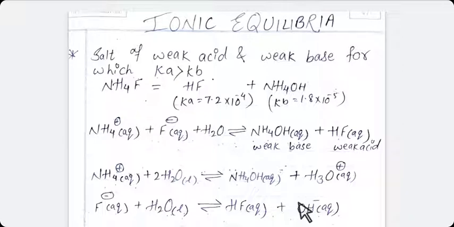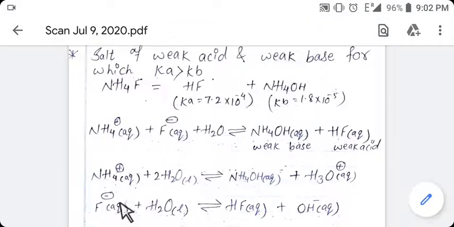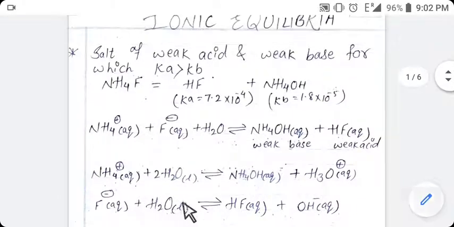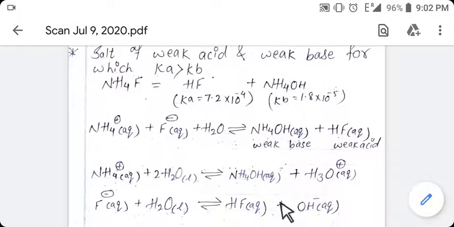So in the hydrolysis of the salt, we have seen NH4+ and F- with water give NH4OH plus HF. These two ions, NH4+ and F-, react with water. NH4+ gives ammonium hydroxide and hydronium ion, and F- gives HF plus OH- ion.